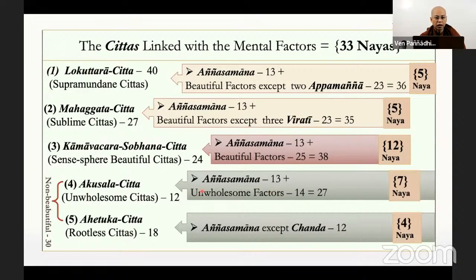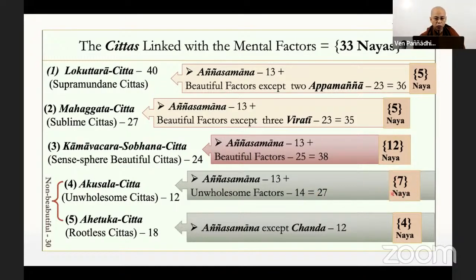Then for Akusala, changing the former three, which are all beautiful consciousness, we always have to consider the second group as beautiful factors. For Akusala, you just need to consider unwholesome factors instead of beautiful factors. So Annasamana will be 13 and unwholesome factors 14, so altogether 27 will be associated.